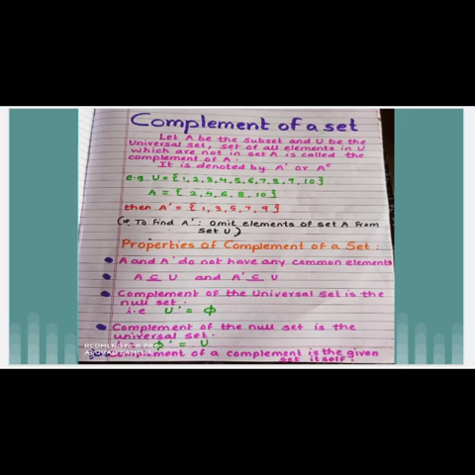That means U dash is equal to the empty set, that means phi. Next point, complement of the null set is the universal set, that means phi dash is equal to U. Next, complement of a complement is the given set itself. These are the properties of complement of a set.